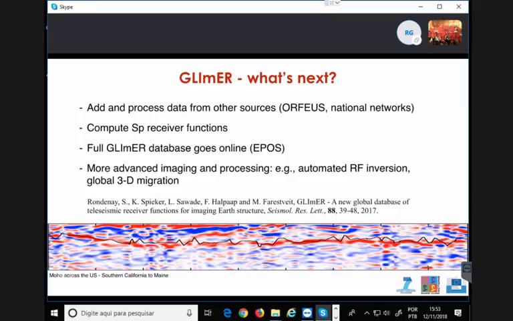Also adding S2P receiver functions in addition to the P2S receiver functions that I showed. The idea is to bring Glimmer completely online via the EPOS website here in Norway, and to continue developing more advanced imaging methods to obtain high-resolution profiles through methods like this.